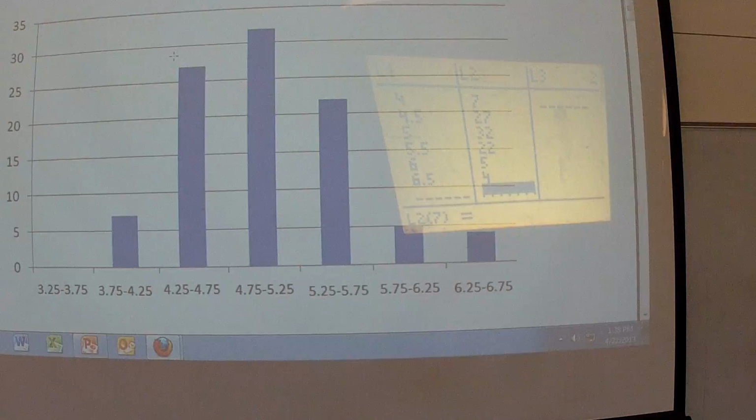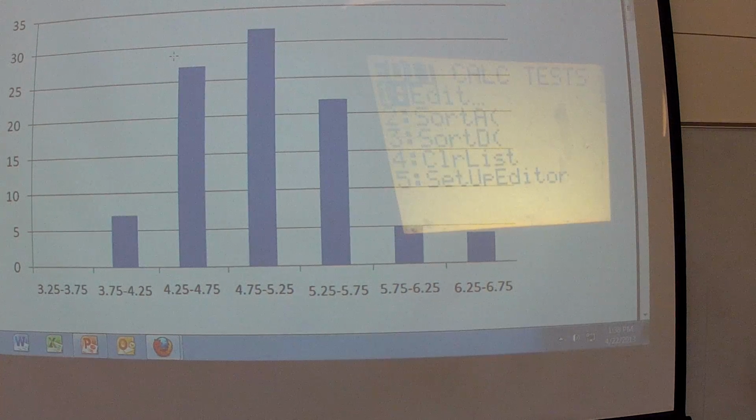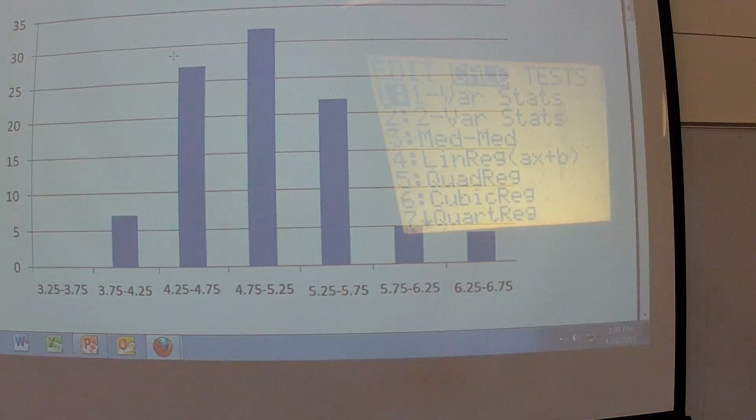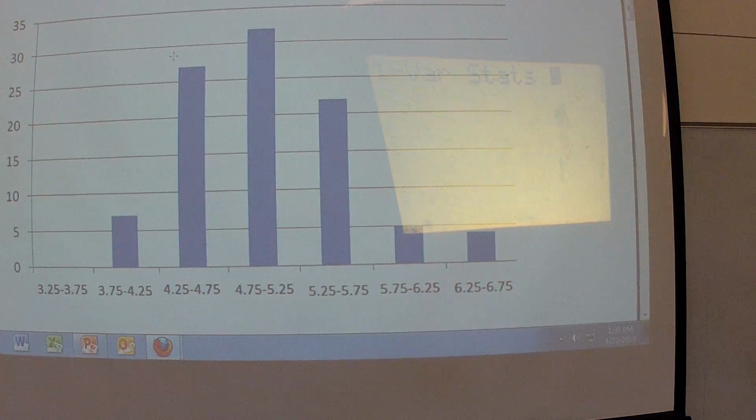So cool. Data's in. Let's get the measures we need. We need an average, we need a median, and we need a standard deviation. So how do we do that? Stat. Calc. Very nice. Always 1-Var Stats, because there's one variable, the LDL level. Press enter, right? Nice.